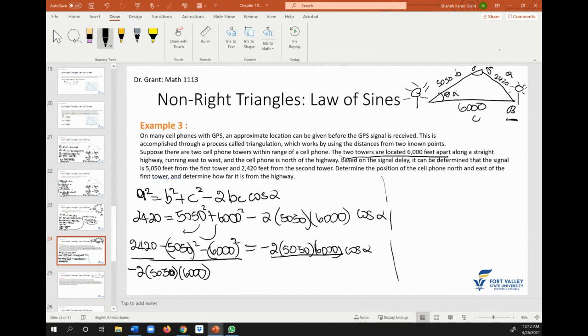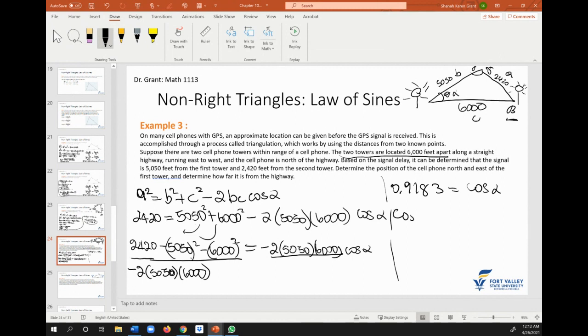So this means that if you plug all of this on the left-hand side in the calculator, you should get 0.9183 is equal to cosine alpha. And then recall that alpha is my theta in this case.